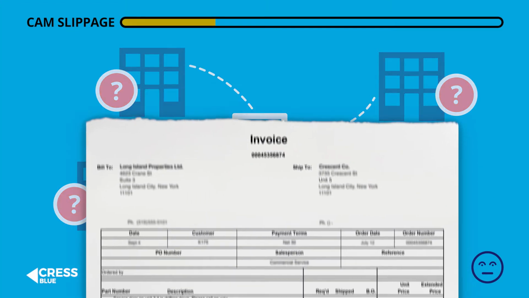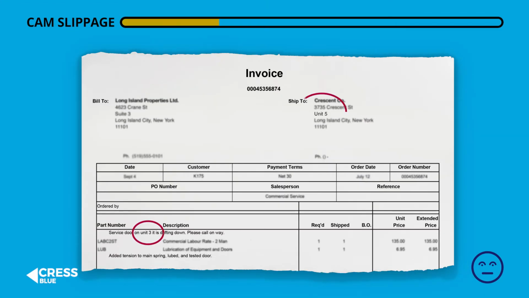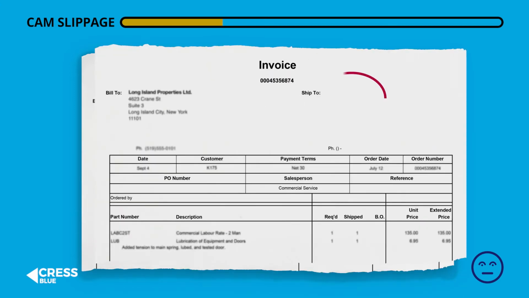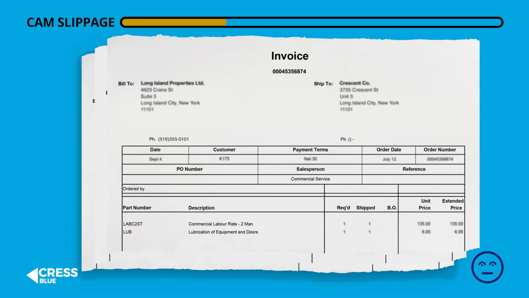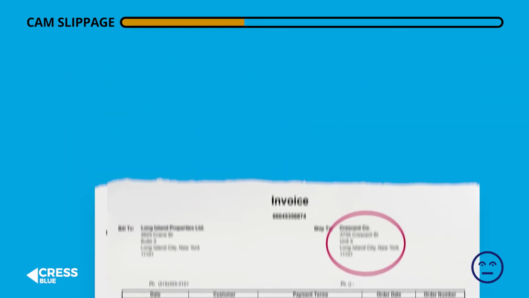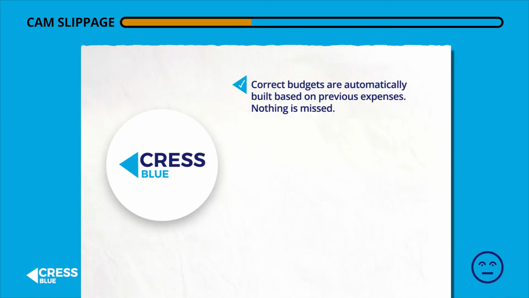Examples include invoices with mismatched data, without a service address, with unclear service descriptions. In cases like these, property management companies often take voluntary slippage on sloppy paperwork or lose out on disallowed expense claims as a result of a tenant's expense audit. With CRESSblue, expenses are correctly and immediately allocated.